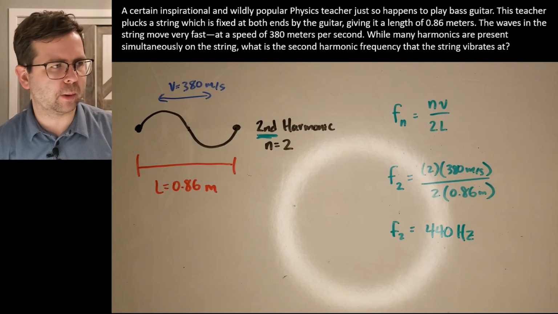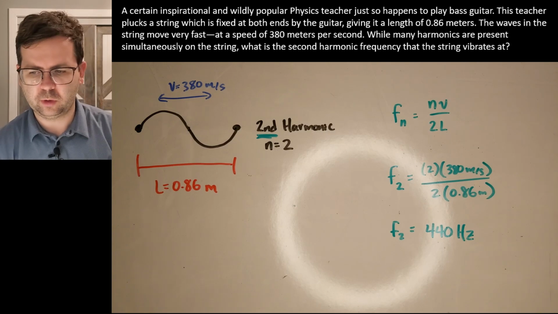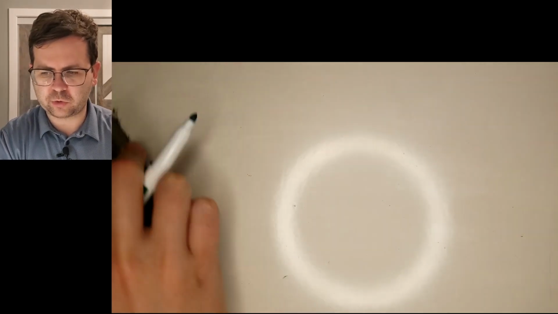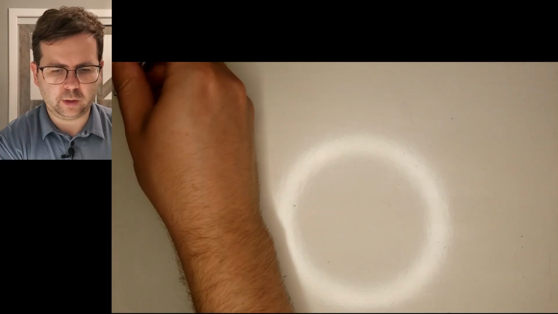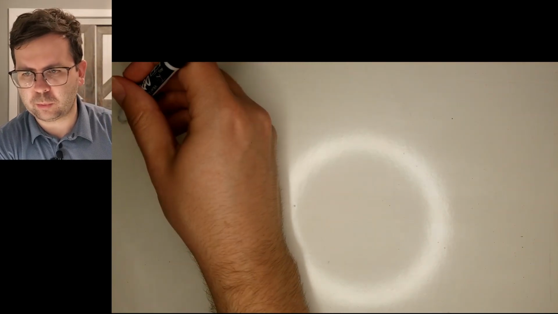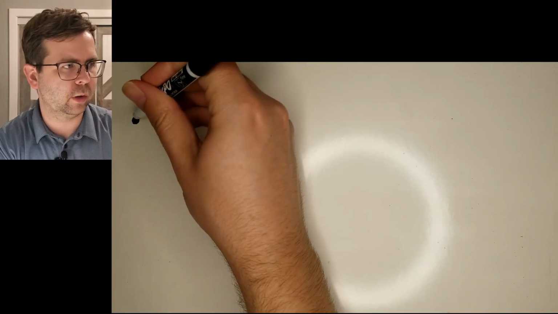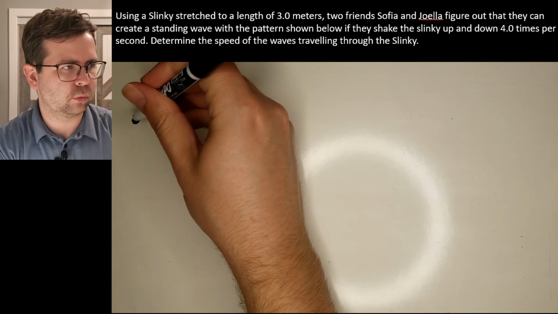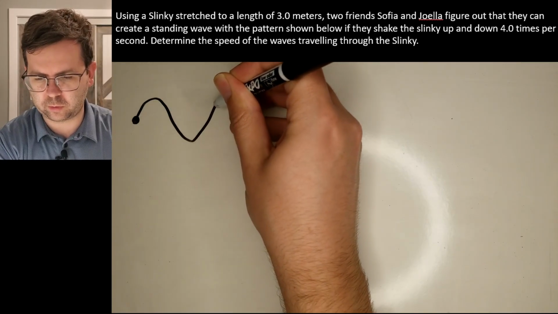All right, let's do another problem like this involving standing waves on strings. So I'm going to draw a picture of a new standing wave here, and it's going to be representing a slinky wave. This particular one is going to have a pattern that looks like this.